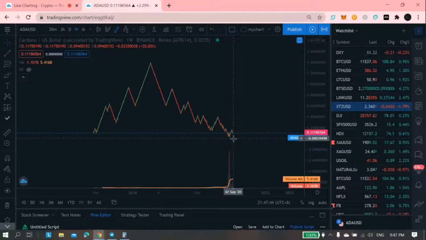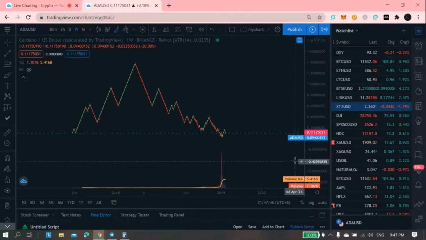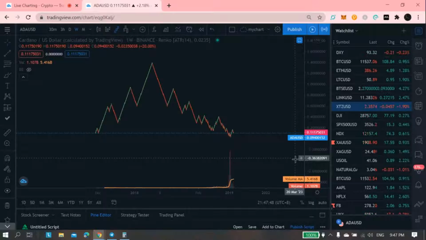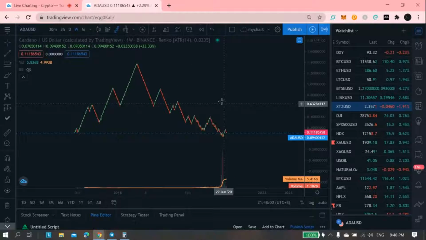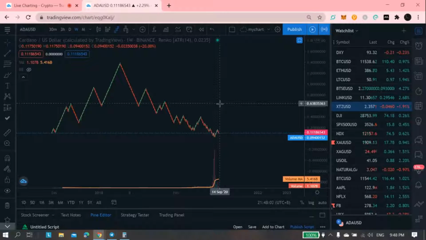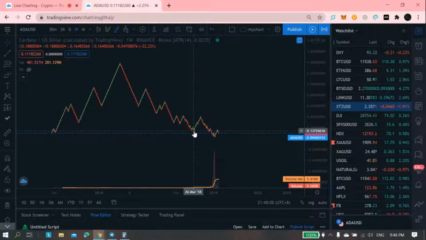The bottom is actually around this area. 1, 2, 3, 4, 5. If you look at it, it's like a head and shoulders actually.